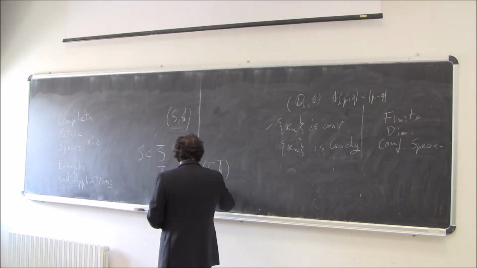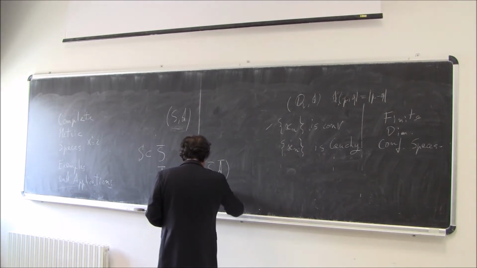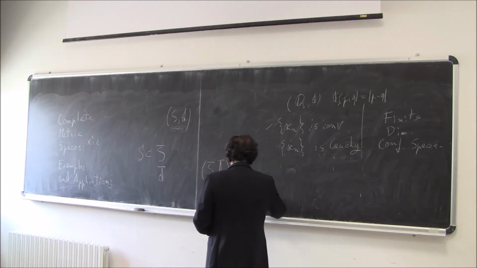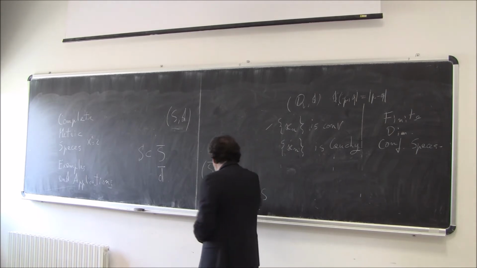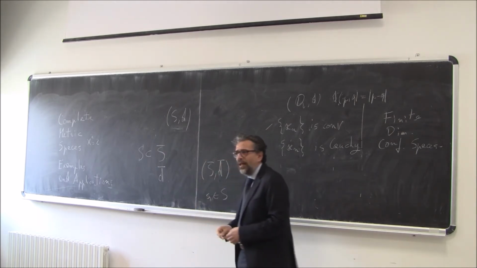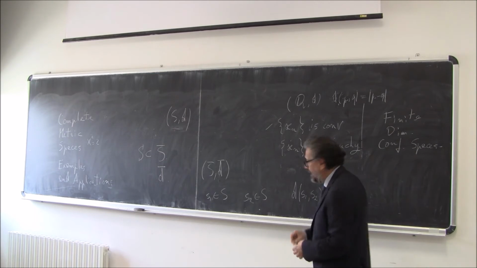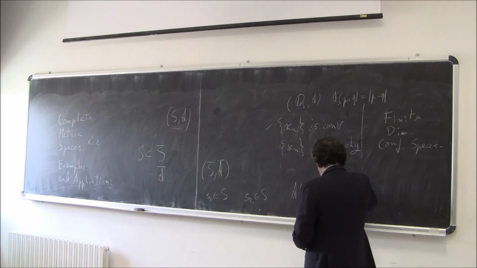And when you take S1 belonging to S and S2 belonging to S, and you consider them as elements of S bar, you must have that the distance between S1 and S2 with the old metric in S is equal to the new metric D bar of S1, S2.